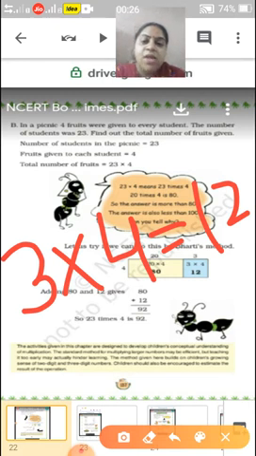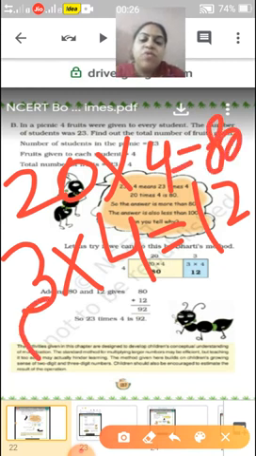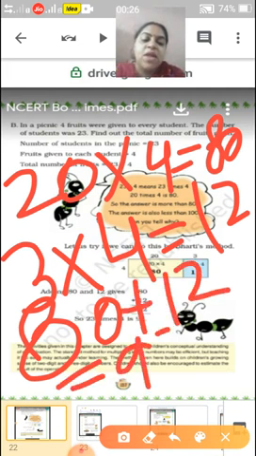And 20 times 4 is equal to 80. So, we are going to add 80 plus 12, that means 92. So, children, 23 times 4 means 92.